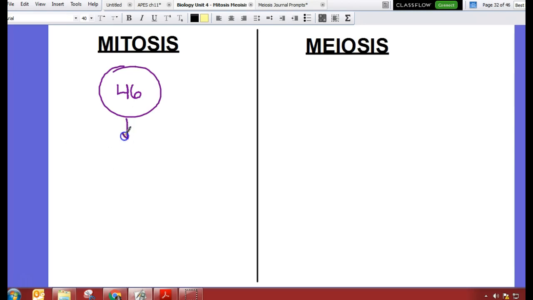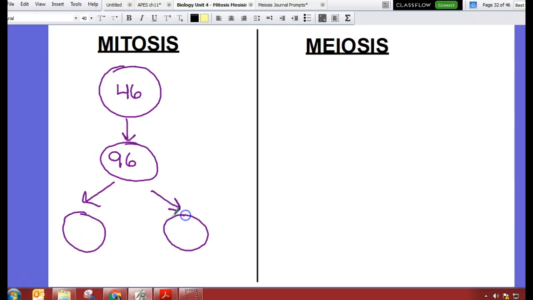In mitosis, remember we have to copy it, so we end up getting 92. Can't do math this morning. And then it splits in half, and we end up with 46 in each one. So DNA gets copied. What phase does DNA get copied in? M, G, or S? S phase is when DNA gets copied.